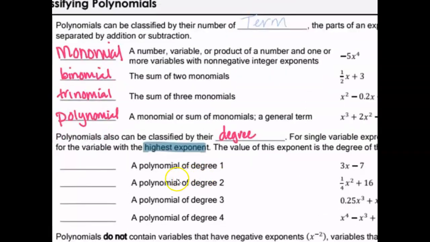So for example, a polynomial of degree 1, that is to say where I have an x to the 1, is what we're going to call a linear expression, which makes sense. y equals mx plus b. When you just have an x, it's linear. Versus when we have an x squared, if you remember, this is the quadratic.